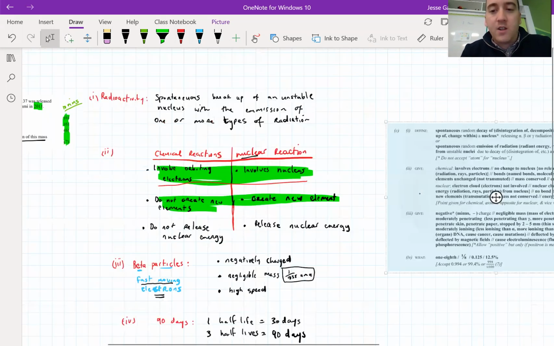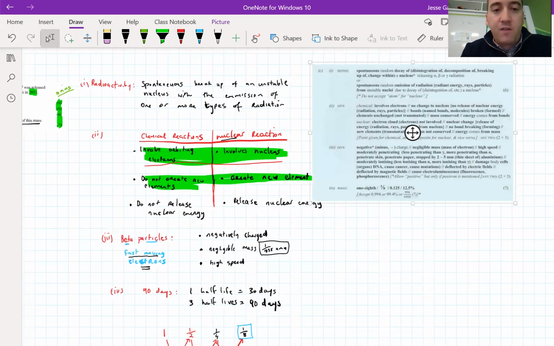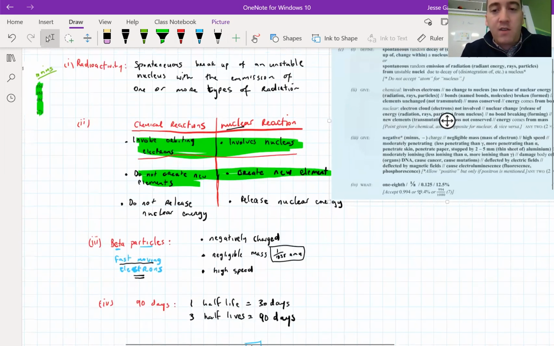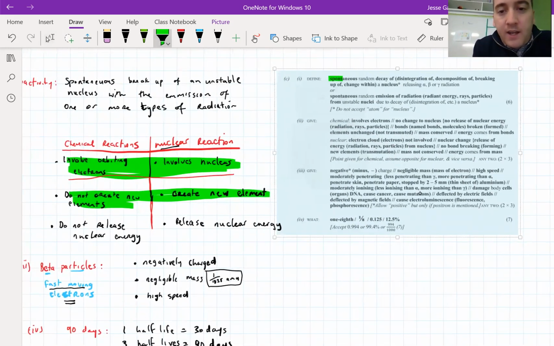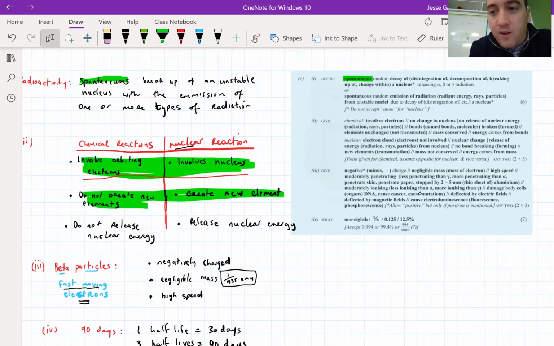The first thing you're asked to do is to define radioactivity. Now I've given you the definition. Let's just check. Spontaneous is in bold. That means you have to have it, and we have it. Spontaneous decay or breakup or disintegration. There, look, breaking up. Okay, break up of. And nucleus is a key word here, unstable nucleus.